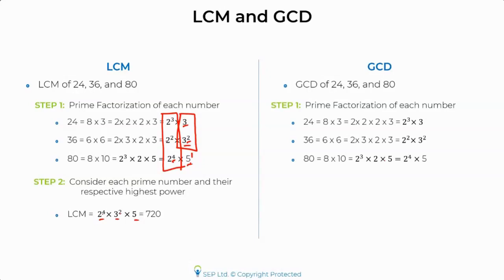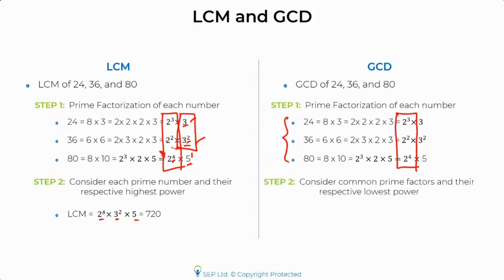In the LCM case, 3 wasn't present in all three of them, but I still took it, because I'm taking all the prime factors. In this case, 2 is the only prime factor present in all of them, so I take it with the lowest power, 2 squared. The GCD in this case would be 4.